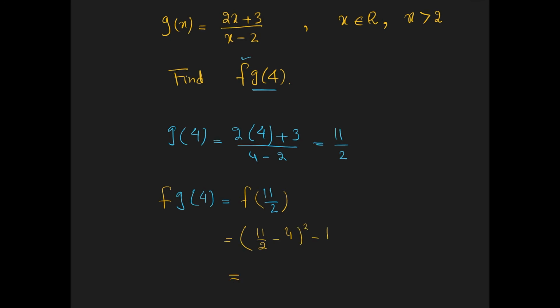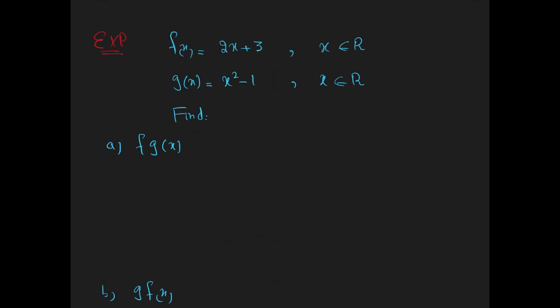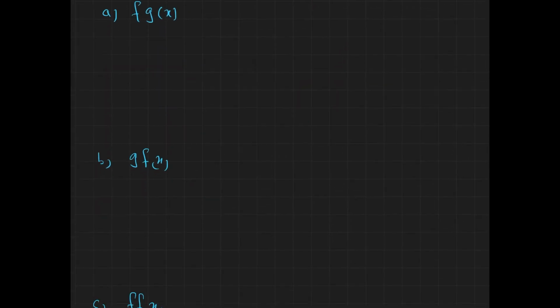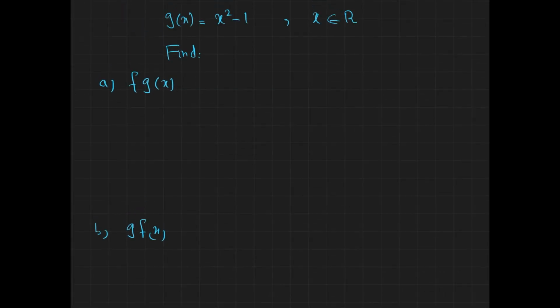Solving this will give us our final answer, which is 1 over 4. In this example, we have two functions, f(x) is equal to 2x plus 3 and g(x) is equal to x square minus 1. We need to work out fg of x, gf of x, and finally f of f of x.